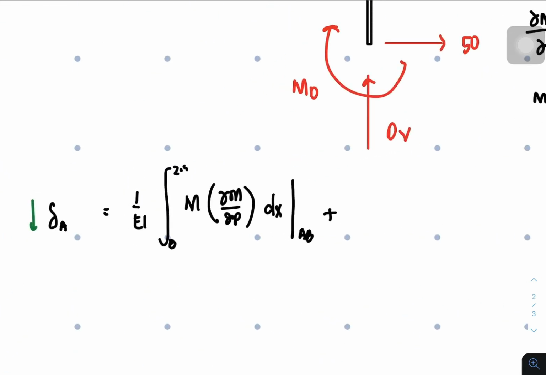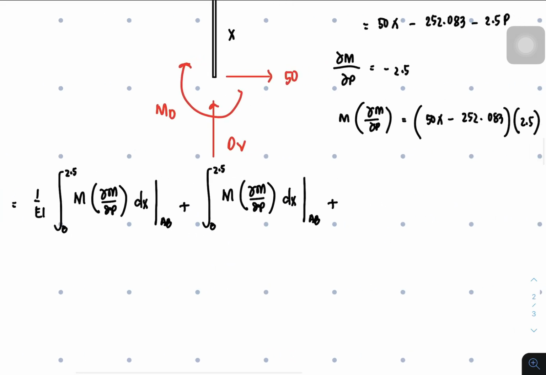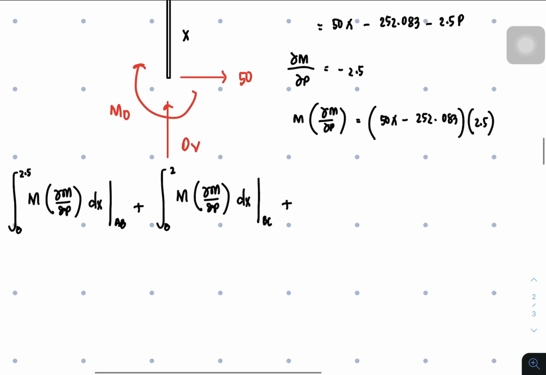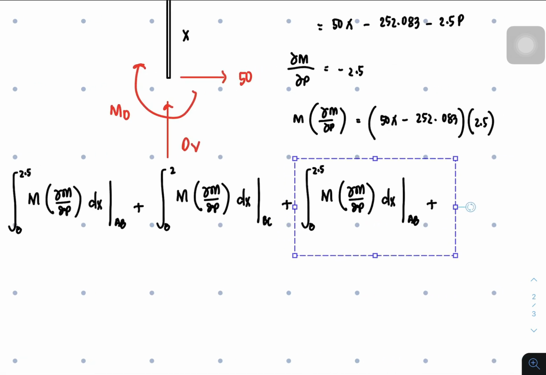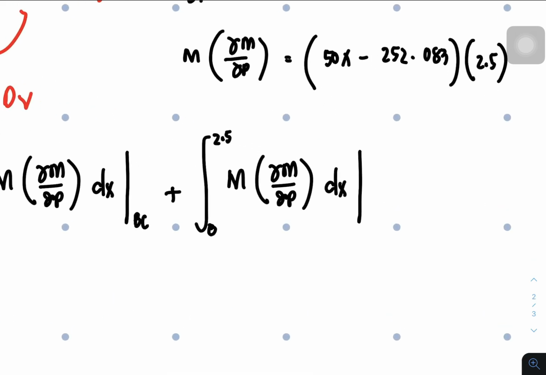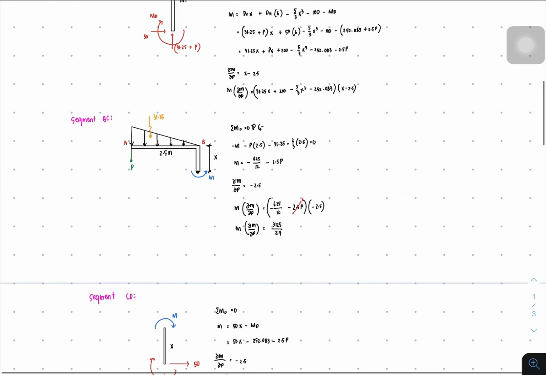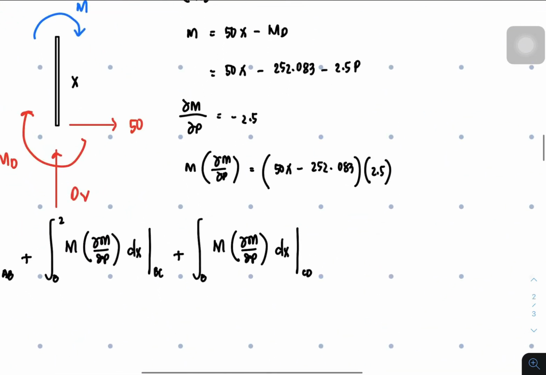This is 0 to 2.5, and then let's copy this. The next one is for segment BC. This is from 0 to 2, and the next one is from CD, which is from 0 to, what's the measurement? 0 to 4.